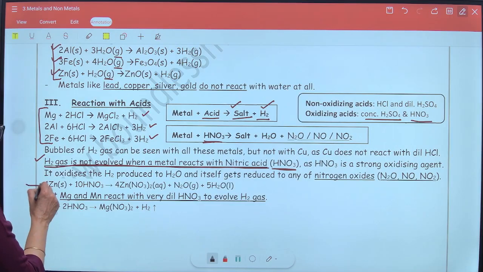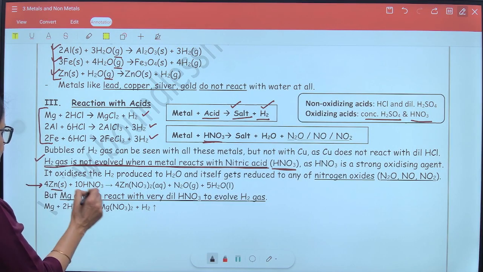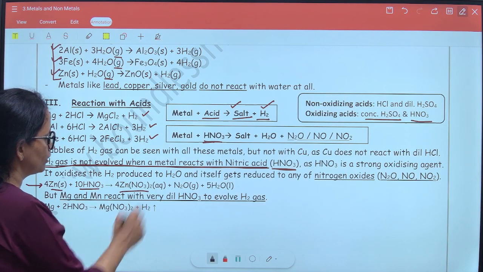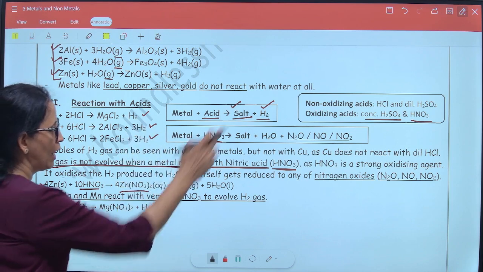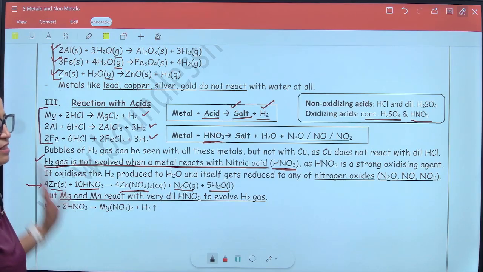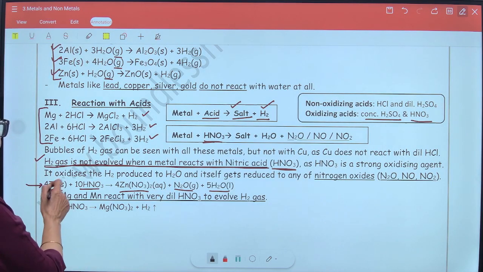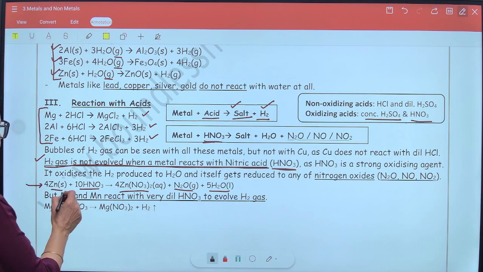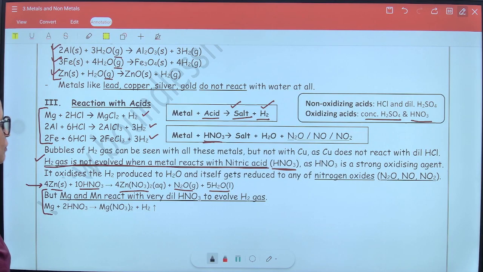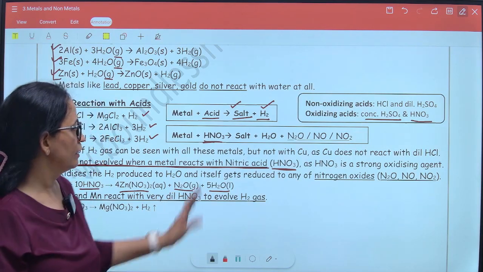If you write the reaction of zinc with HNO3, you will get the salt Zn(NO3)2, but there is no hydrogen, you instead have water and N2O. Please learn this reaction, it is very important, zinc plus HNO3. Next, these are exceptions again: magnesium and manganese react with very dilute HNO3.